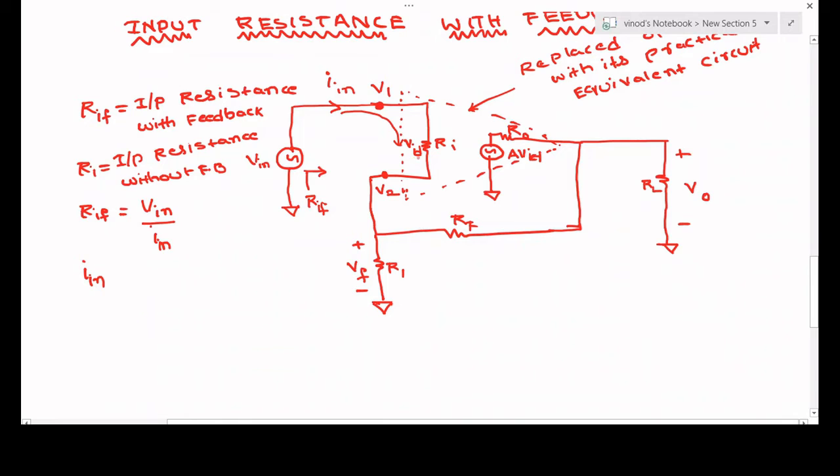So we can write the input current expression as IIN equals VID by RI, the differential input voltage divided by the input resistance of the op amp without feedback.